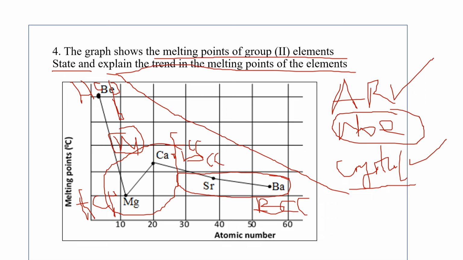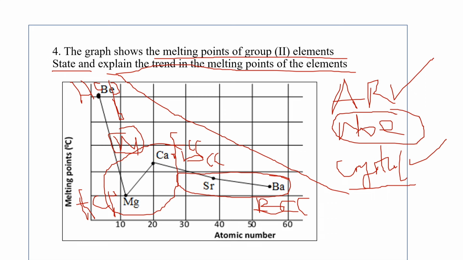Remember, elements which have HCP and FCC have the highest packing efficiency compared to BCC and simple cubic structures. So calcium will change its crystal structure. Transiting from FCC to BCC causes its melting point to go higher, because energy is needed to convert from a more stable structure to a less stable structure due to the change in crystal structure.